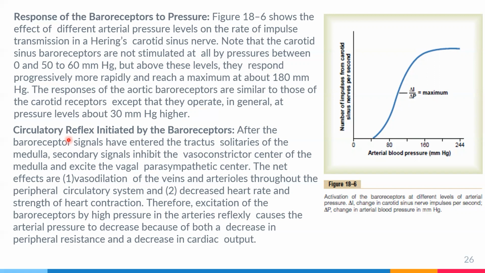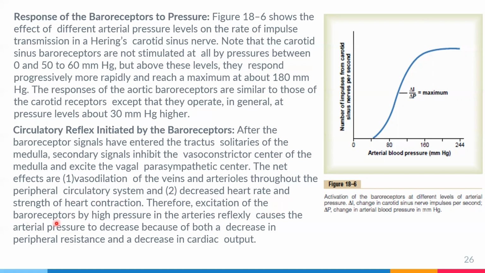Next, we look into the circulatory reflex initiated by the baroreceptors. After the baroreceptor signals have entered the tractus solitarius of the medulla, secondary signals inhibit the vasoconstrictor center of the medulla and excite the vagal parasympathetic center. The net effect of both these is vasodilation of veins and arterioles throughout the peripheral circulatory system and a decreased heart rate and strength of contraction.